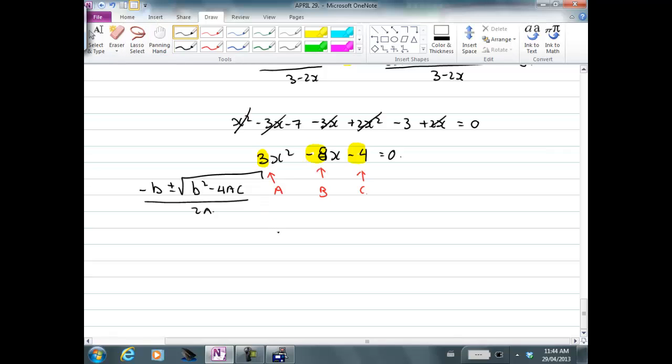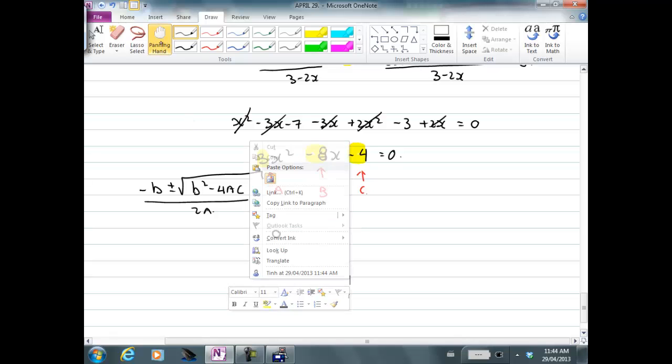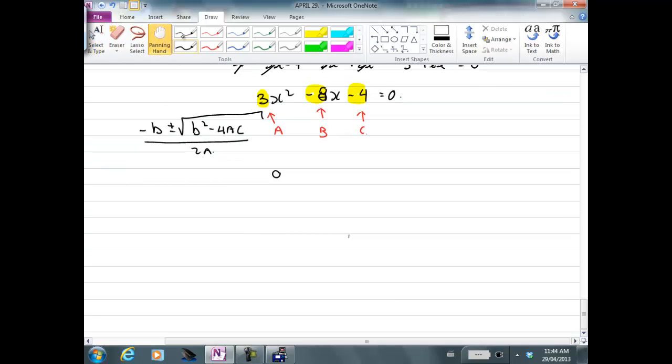So this becomes positive 8. Positive 8, plus or minus the square root of 64 minus 4 times 3 times negative 4.